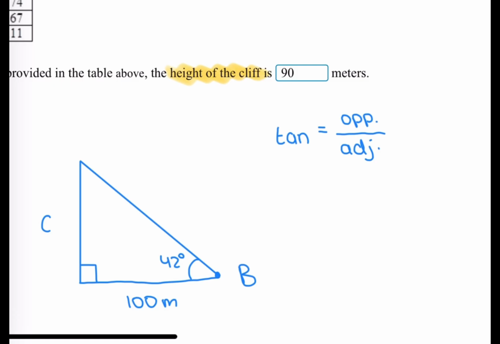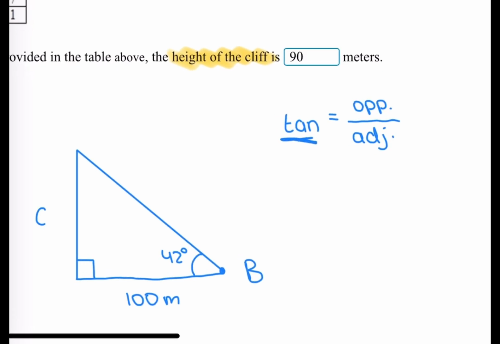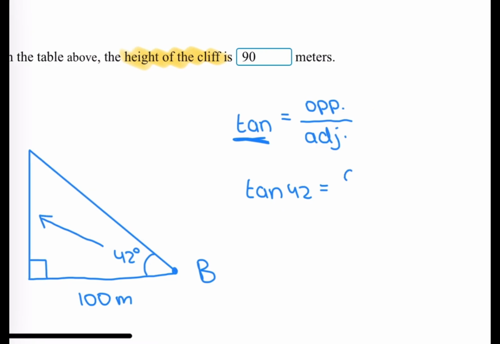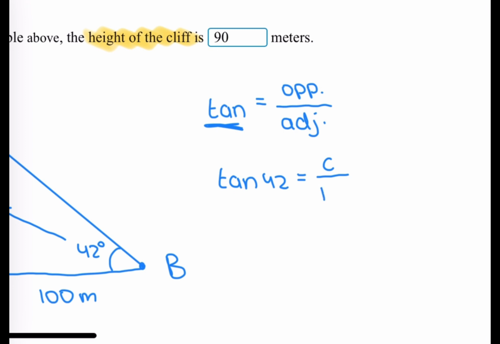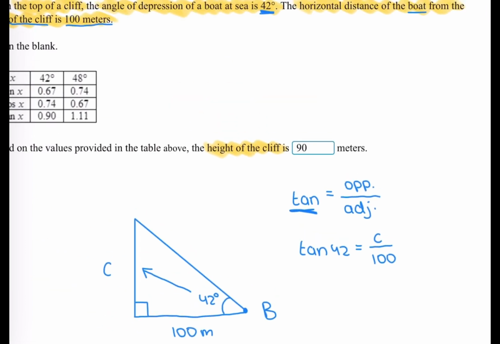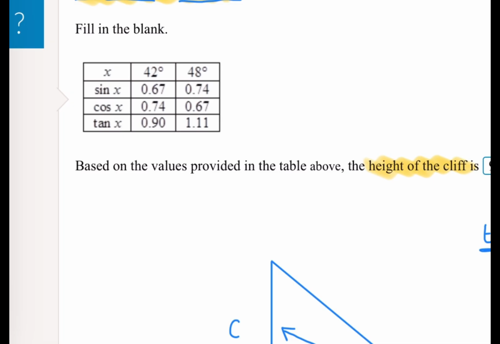We have the angle, so tan 42 is equal to the opposite to the angle, C, our unknown, over the adjacent to the angle, which is 100.